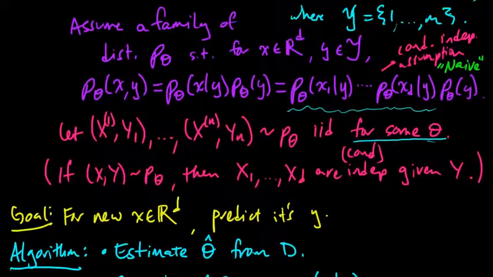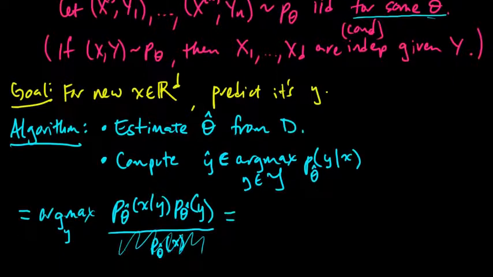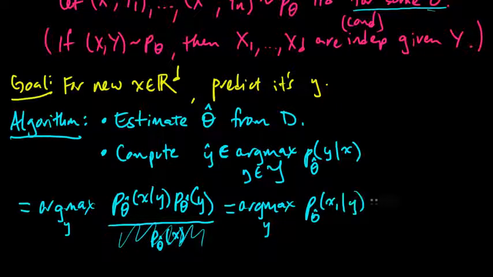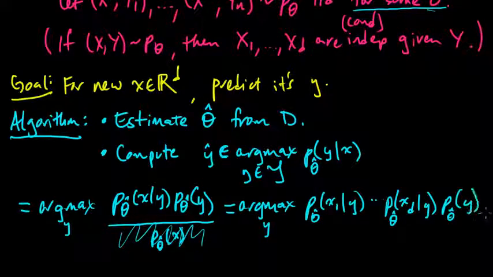Okay, so we did this little thing here, and now our assumption is that this part, our model, factors in this way. So we can plug that in. Argmax over y of the probability of each of the coordinates x1 through xd given y, times the probability of y.